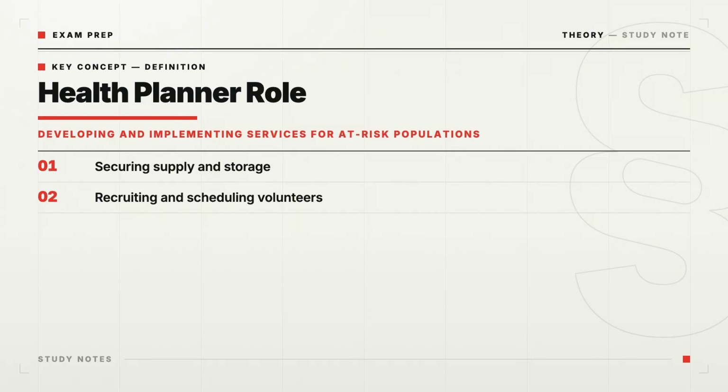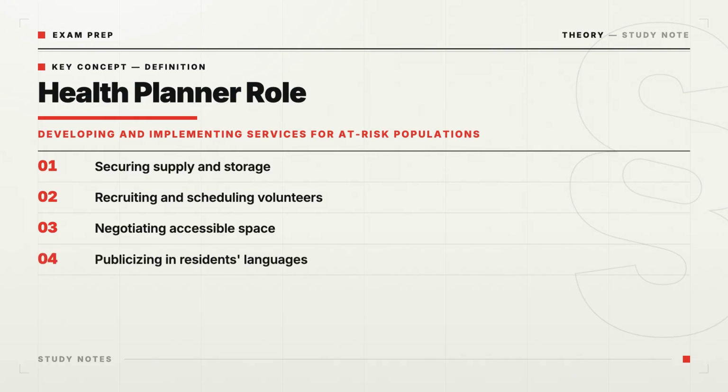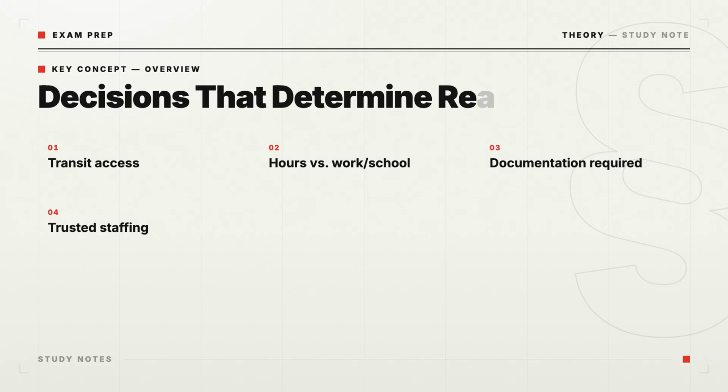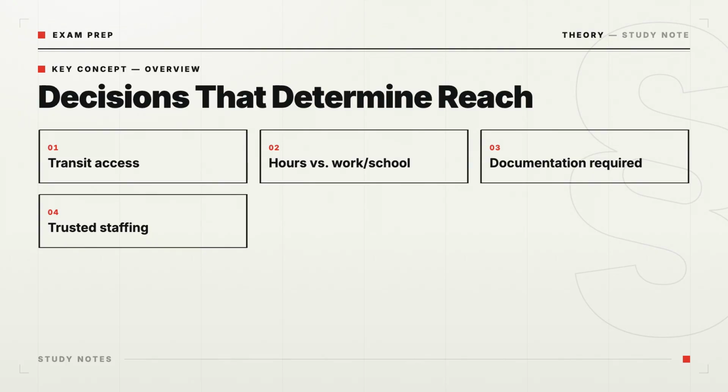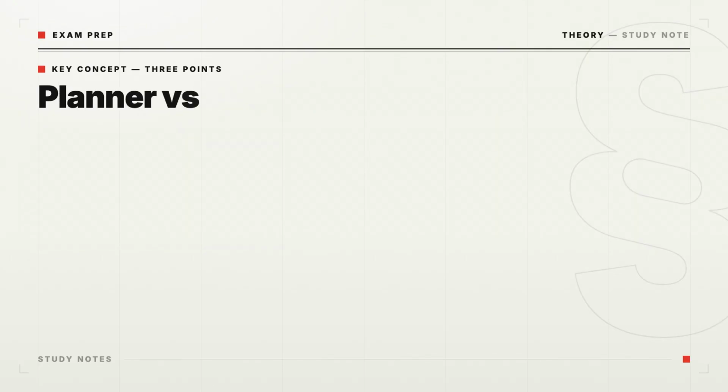She secures vaccine supply, recruits volunteers, negotiates a community room instead of asking families to travel, and publicizes in the languages residents actually speak. Planning decisions determine who actually shows up, where the service sits relative to transit, when it opens relative to work and school, what documentation is required, and whether staff are trusted by the population served.